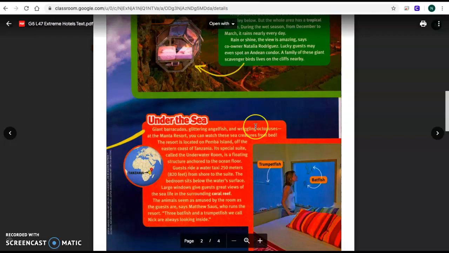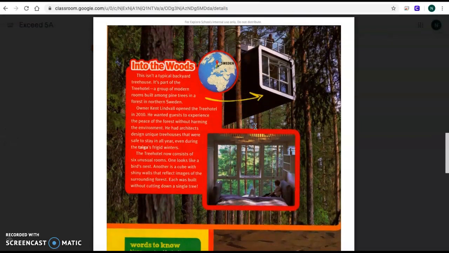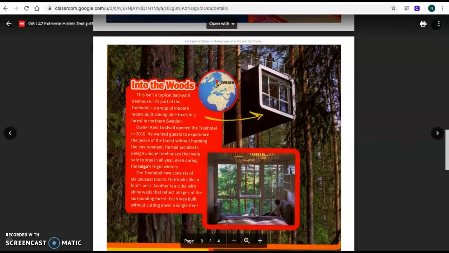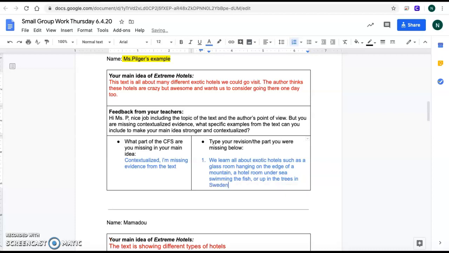Let's take a look. Oh yeah, let's talk about this one, in the trees of Sweden. We're up in the trees in Sweden. So now I'm providing some contextualized evidence about what actually happened in this text with specific examples from the text.